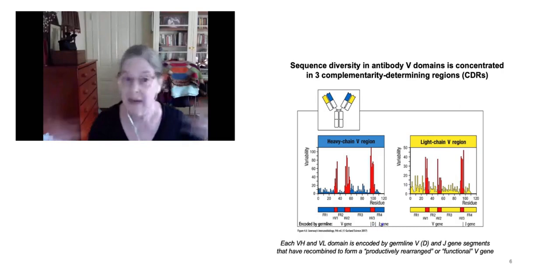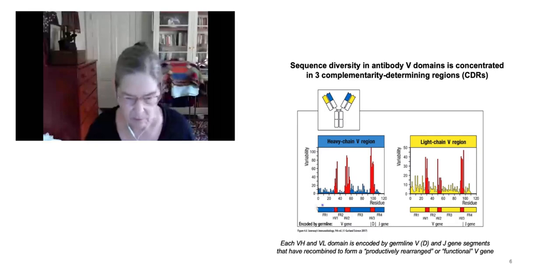And one of each of those is going to get picked out and recombined together to form an antibody heavy chain variable region. So this one. And all of this leading up to, it should be saying CDR, not hypervariable, but CDR3 is encoded by a V gene.